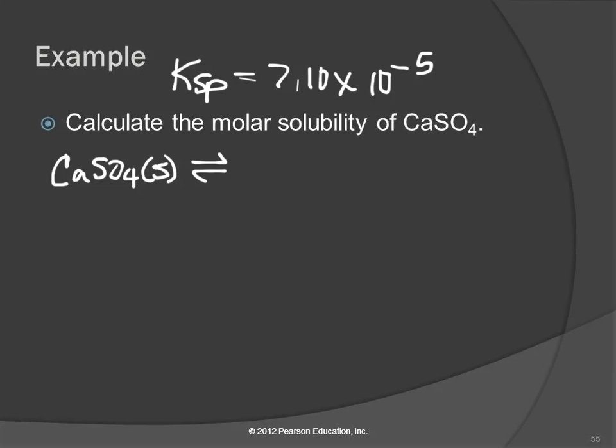So that's going to make a calcium ion, Ca2+, because it's in group 2. And then everything else together, the SO4 2-, that's sulfate, and that will also be aqueous.